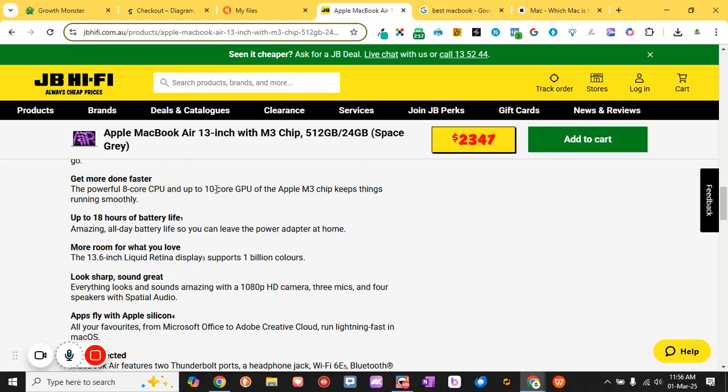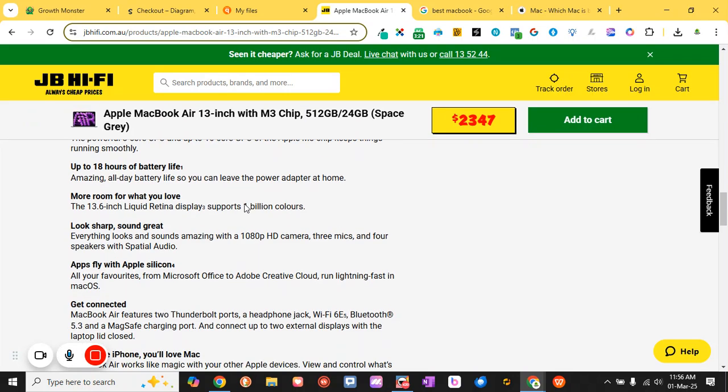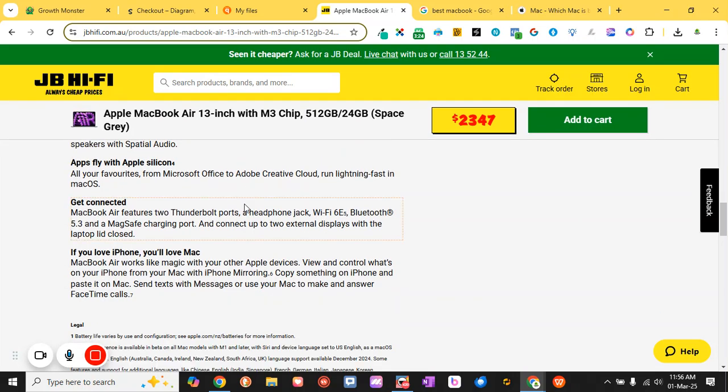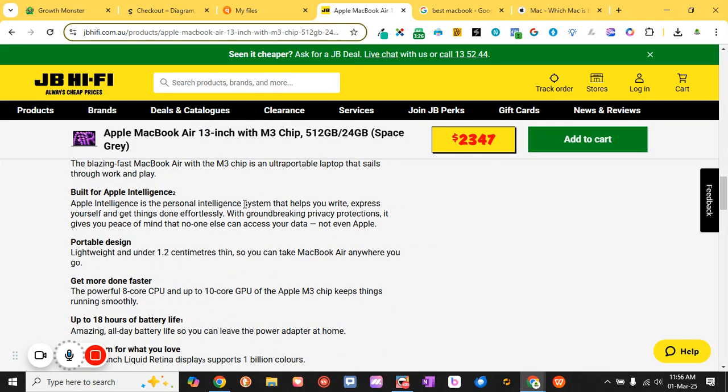So, 8 core CPU and 10 core GPU. That's the graphics processing unit. If you're doing editing or stuff that requires a lot of graphics, or gaming, then a good GPU is going to be important. But more and more, a good GPU is important because they're used for running different functions. So we're basically looking at these things, 8 core or 10 core.